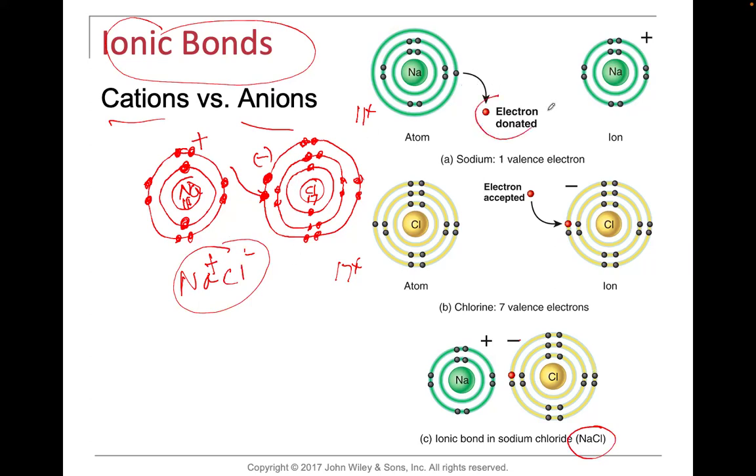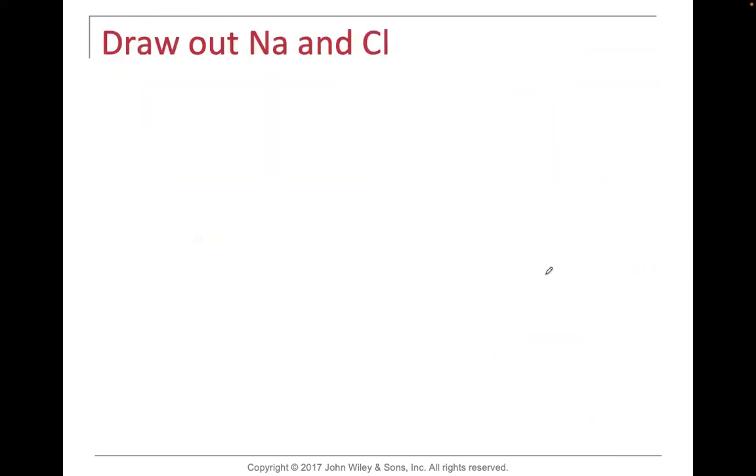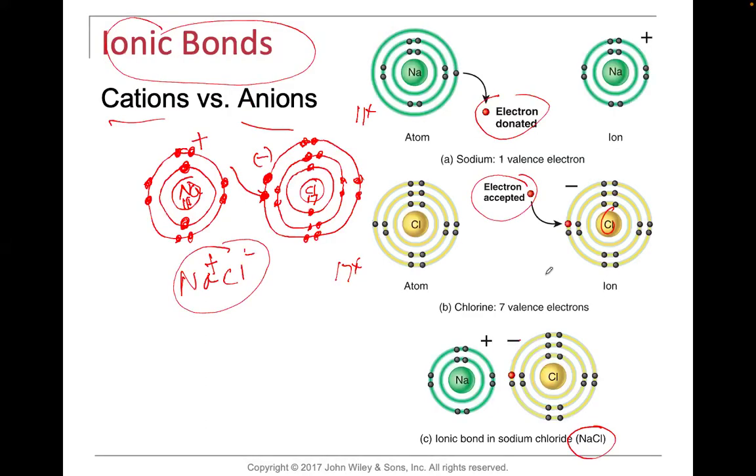The electron was donated here. The chlorine accepted it. So this becomes the positive. This one becomes more negative. Okay? So I left the slide here for you to take the time. You don't have to do it now, but you could draw that out, right? Once you know the protons, you know the number of electrons, you just start plugging them in.